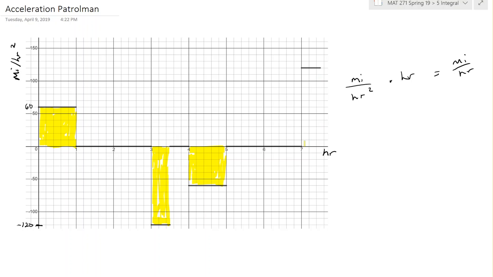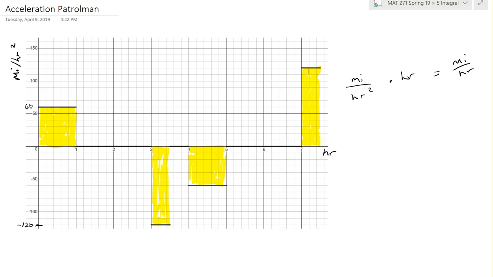Okay, so we can get a sense of what's going on with this guy's velocity. By calculating the area under the acceleration curve, we can see how easy it is.